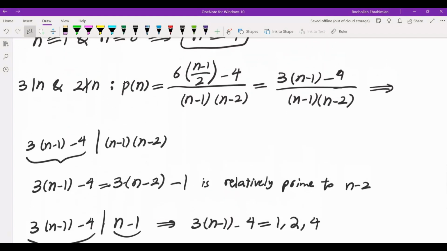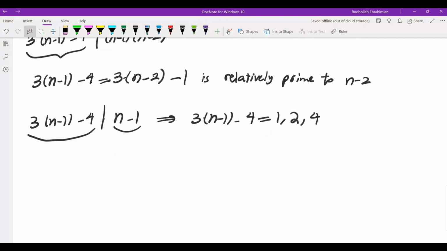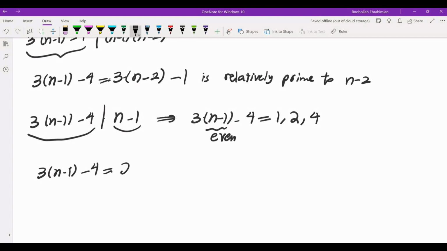But we know that n is divisible by 3 and n is odd. So since n is odd, n minus 1 is even. So 3 times (n minus 1) minus 4 would have to be either 2 or 4, which means 3 times (n minus 1) would have to be either 6 or 8.